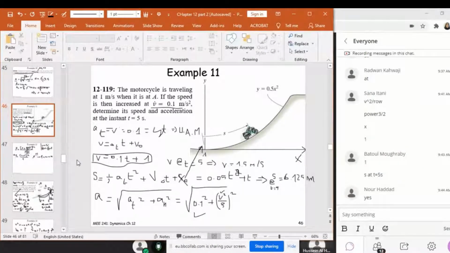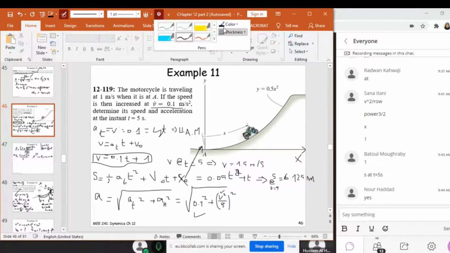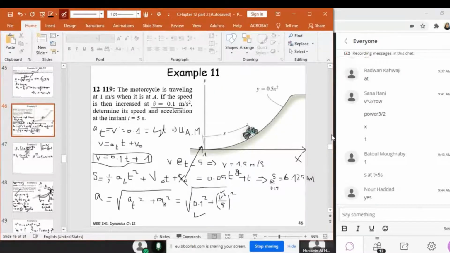Okay. In fact, guys, the only way to relate them is to assume that I have a differential triangle here. So I'm going to take a very small ds, which I cannot see, but I'm going to exaggerate a little bit so that you can see.